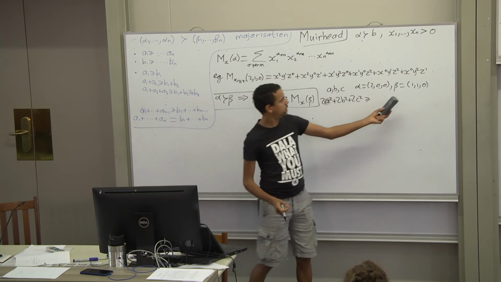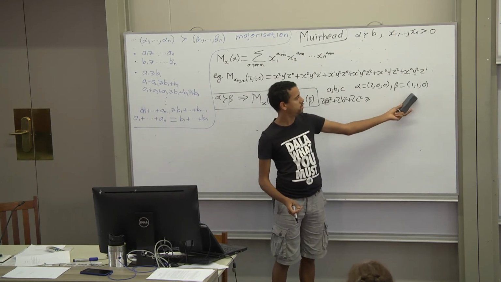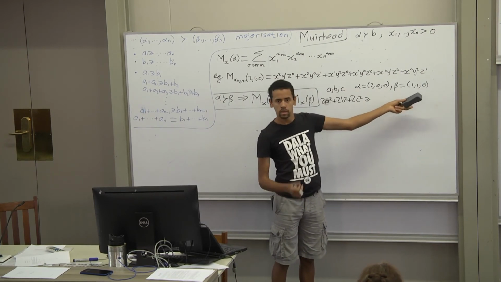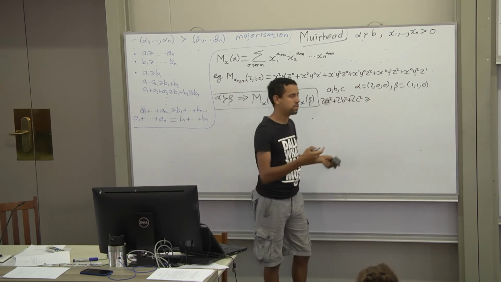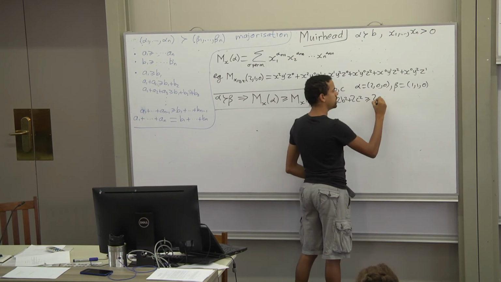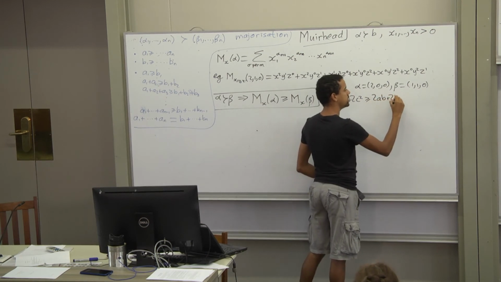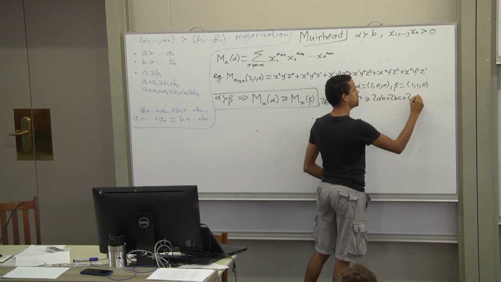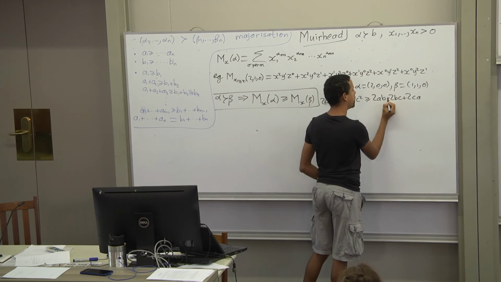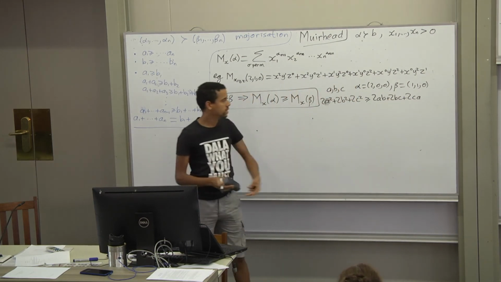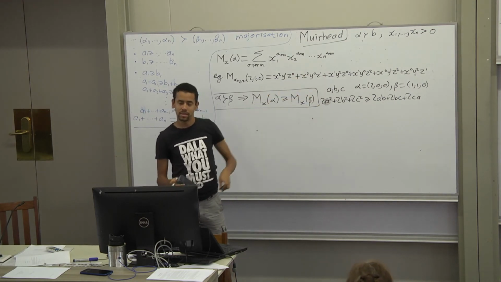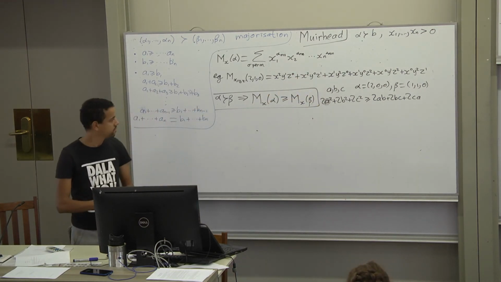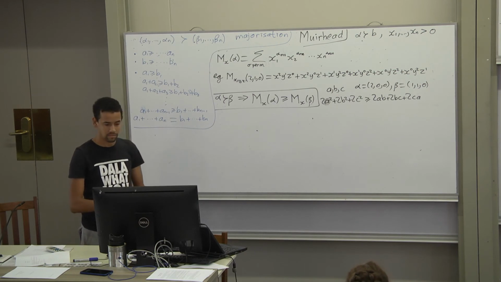On this side, we'll have a to the 1 times b to the 1 times c to the 0, and we'll have that term actually happening twice because 1 and 1 can be swapped around. So we'll have 2ab, 2bc, and 2ca. Look familiar? It's the thing. Yes, it is the thing. Wow.